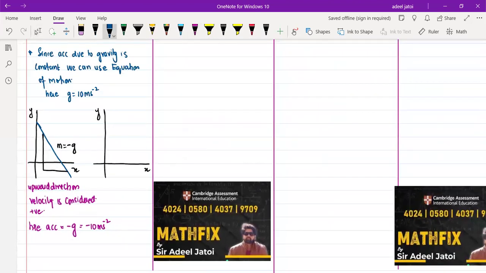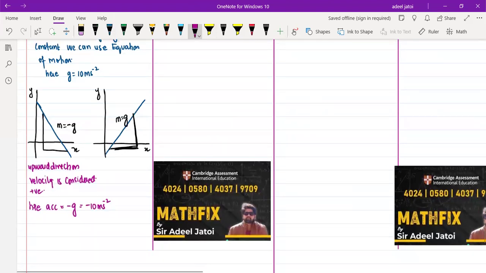Similarly, let's change to the other side and work upon this. This will give me change in y and change in x, but your m here is positive. So what does this mean?